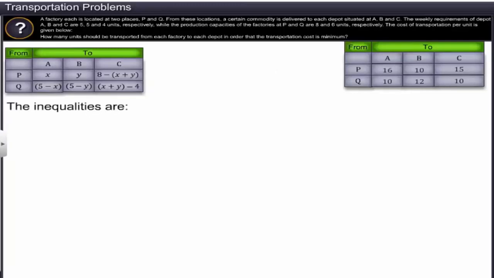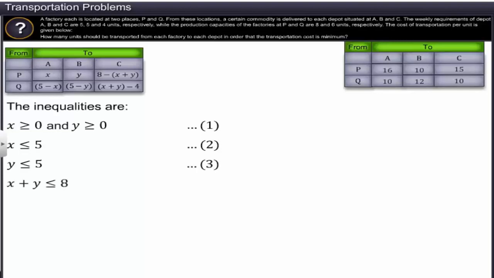The inequalities are X greater than or equal to 0, Y greater than or equal to 0, X less than or equal to 5, Y less than or equal to 5, X plus Y less than or equal to 8, and X plus Y greater than or equal to 4.